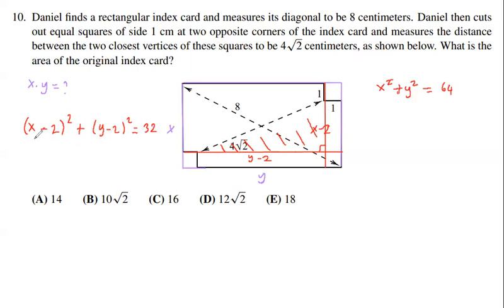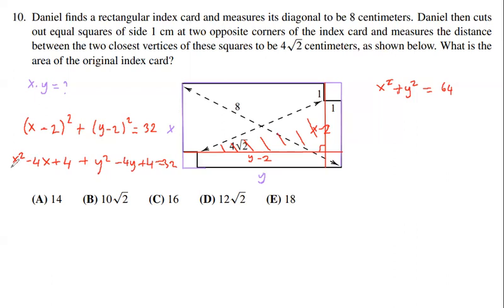If I expand this one, you can just use the binomial square: X squared minus 4X plus 4. And this guy will be Y squared minus 4Y plus 4. That should be 32. Or you can just multiply X minus 2 by X minus 2 to get those.